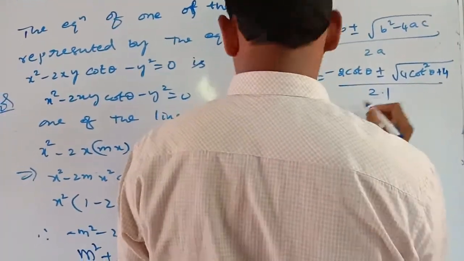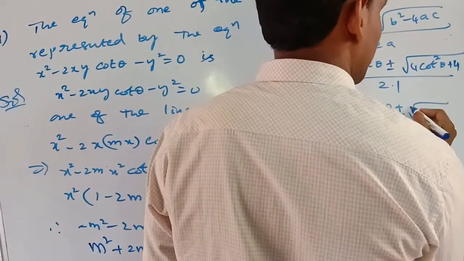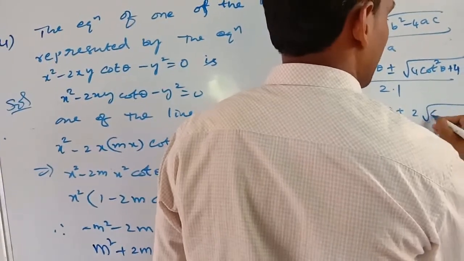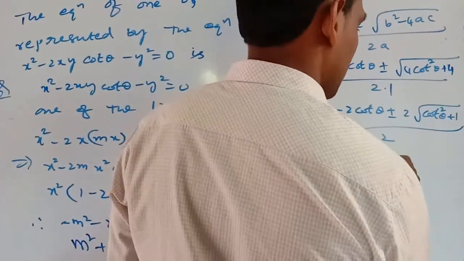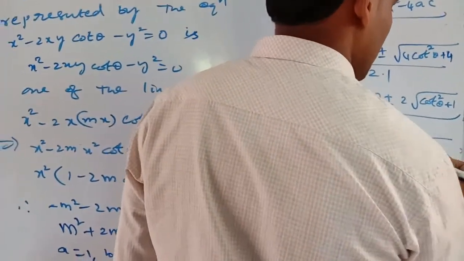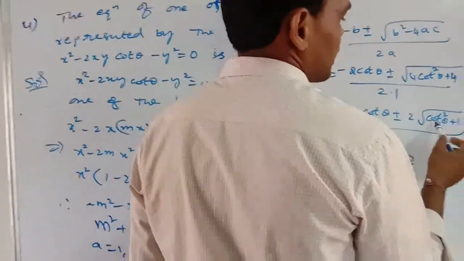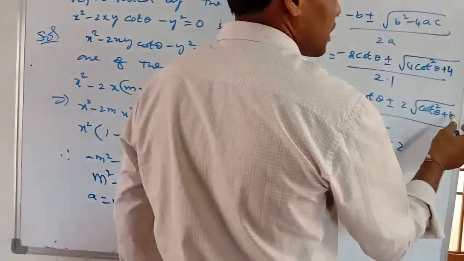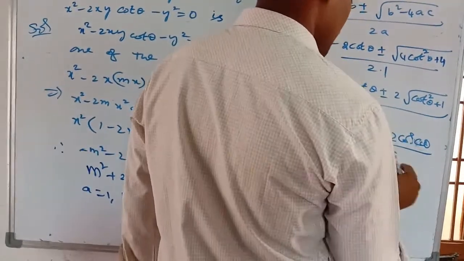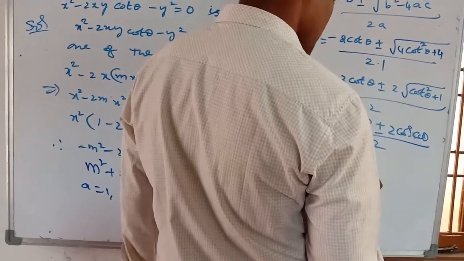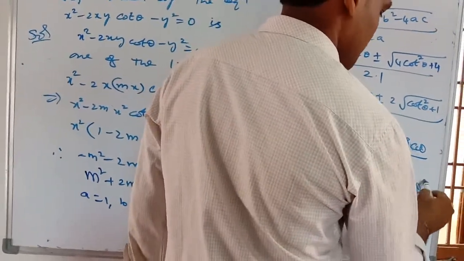This is minus 2 cot theta plus or minus 2 root of cot square theta plus 1, by 2, which is minus 2 cot theta plus or minus 2 into cosecant theta. We know that cosecant square theta minus cot square theta is equal to 1, so cosecant square theta is equal to cot square theta plus 1. Taking 2 common, m is equal to minus cot theta plus or minus cosecant theta.